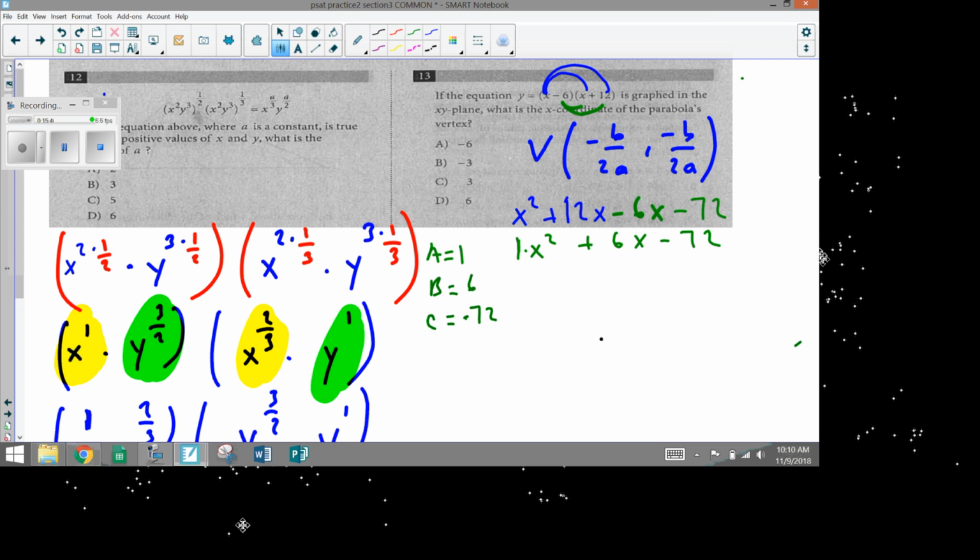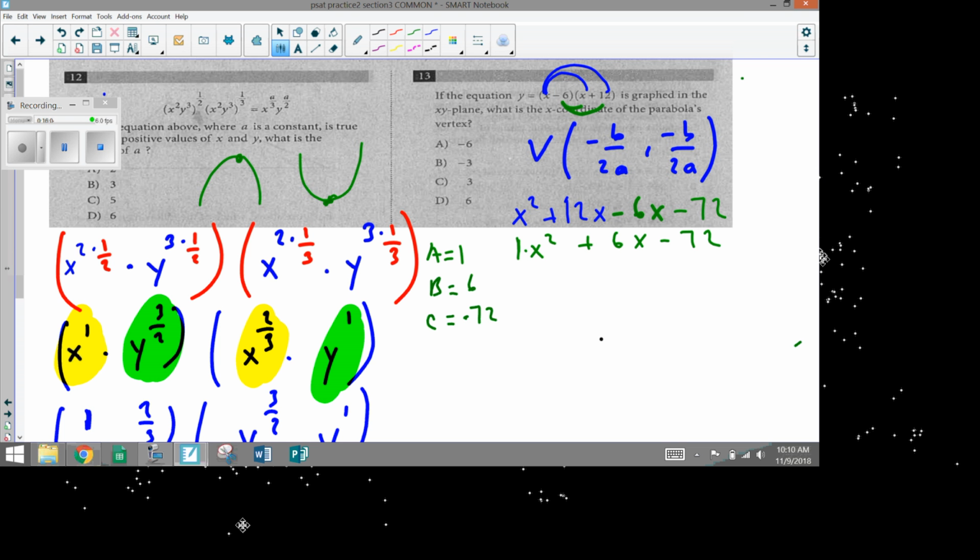So the vertex is going to give you that point. What is vertex? For example, if it's quadratic, this is going to be the vertex. A point. When I plug it in, it's going to give me the x coordinate. When you look at the question, what is the x coordinate? It's enough to just plug it in.